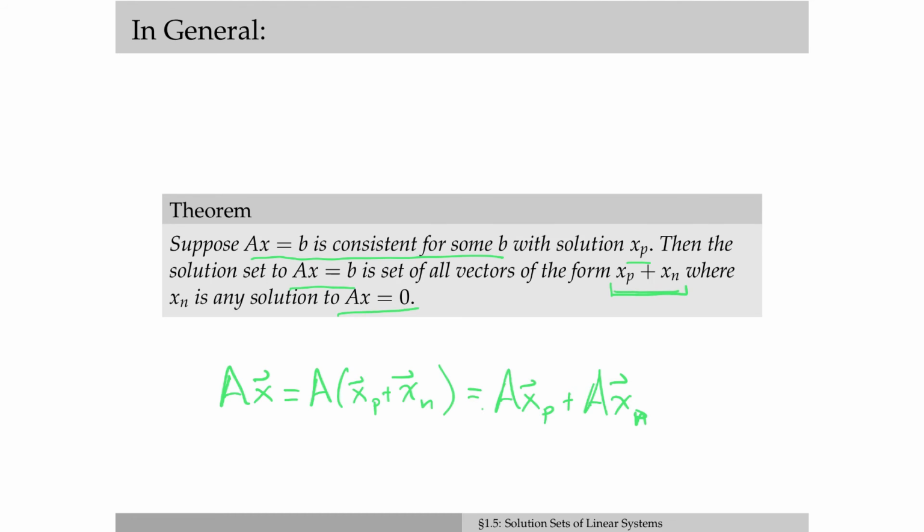Now, by hypothesis, XP is a solution to AX equals B, so that means AXP must equal B. And XN is a solution to the homogeneous equation, therefore AXN must be 0. And so therefore we get AX equals the B we desire.